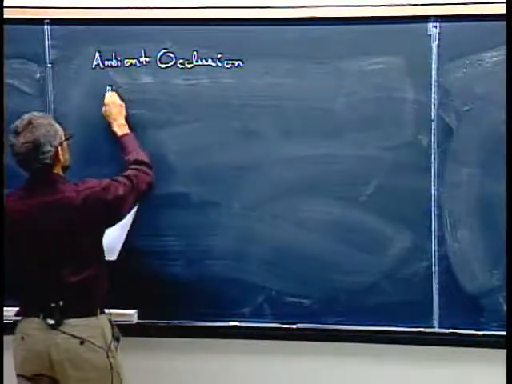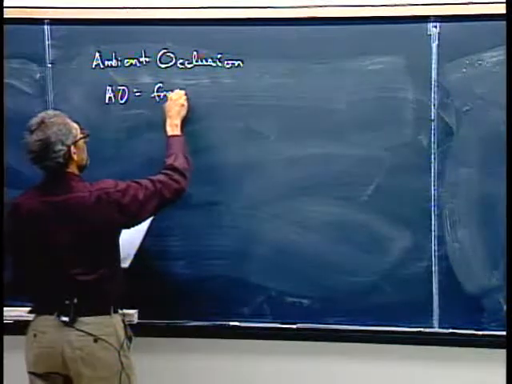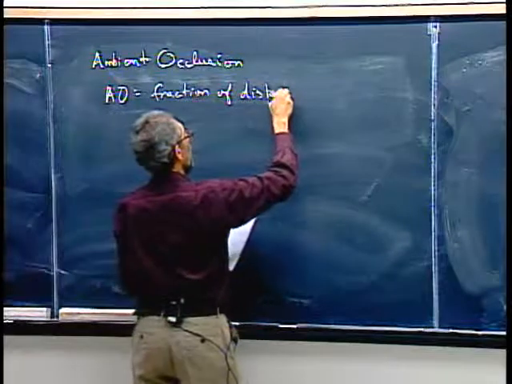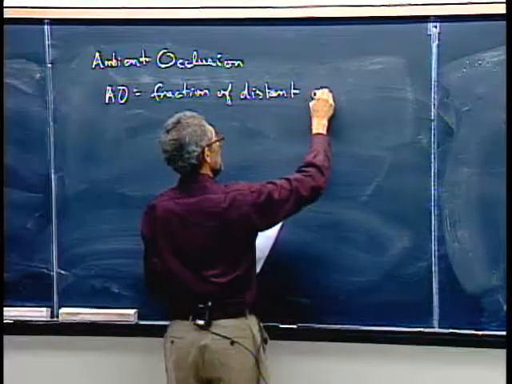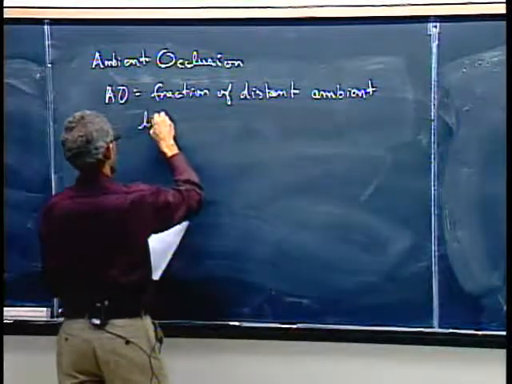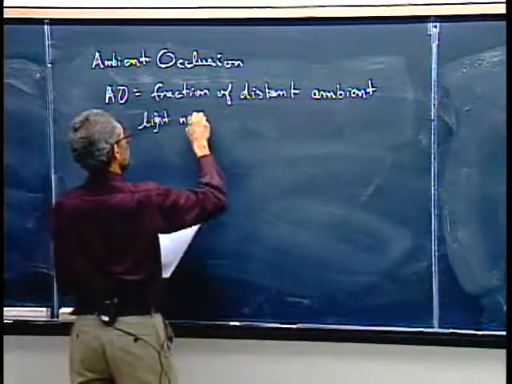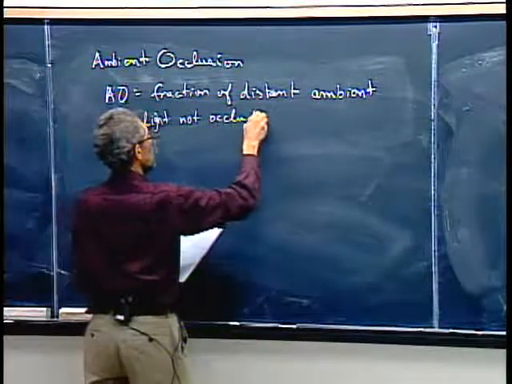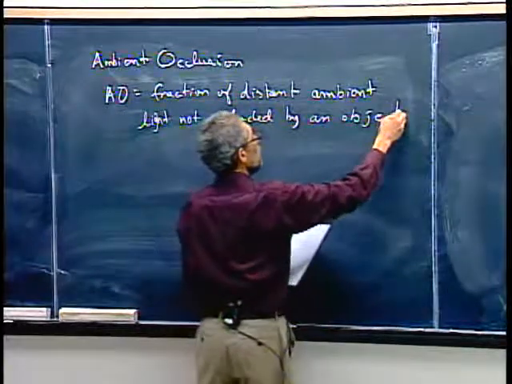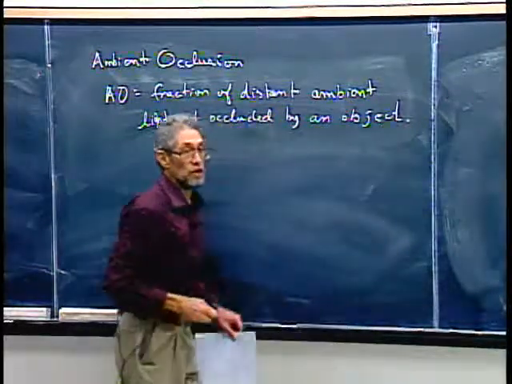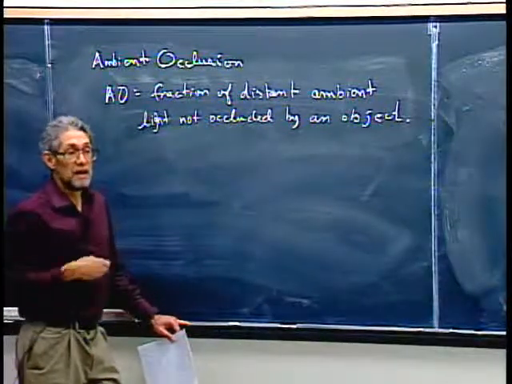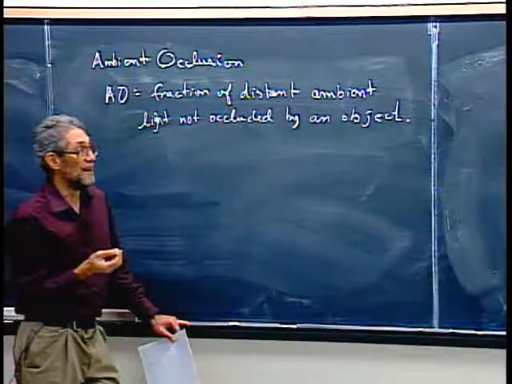And what it is, is the fraction of the distant light, why don't I say ambient light from all directions, not occluded by the object. So we can compute the ambient occlusion for each object in the scene separately as a precomputation, maybe store it as a texture, and then get the ambient component from it.